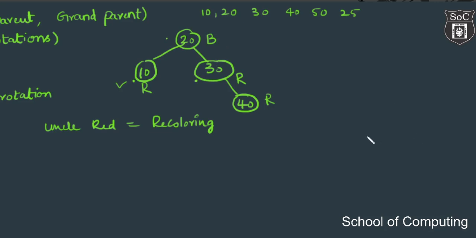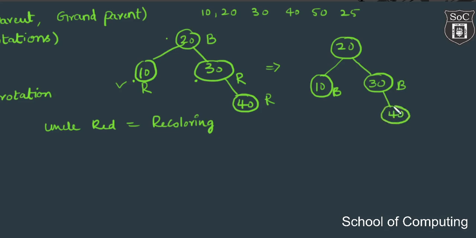So then how will my output look like? 20, 10. 10 is the uncle which has to be recolored, so red will become black. 30, which is red, also needs to be recolored, so it will also become black. 40 will not be disturbed, it will remain as red.